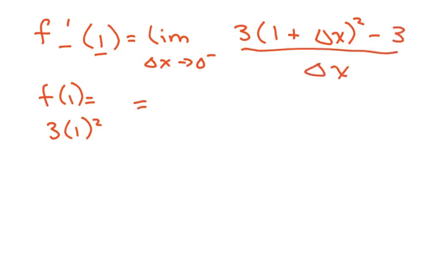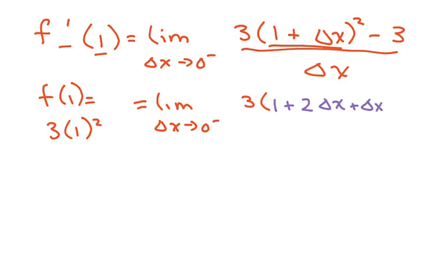All right, and you clean this up. We're going to get 3, and go ahead and FOIL that out. So that's going to be 1 plus 2 delta x plus delta x squared, and then we have the minus 3.